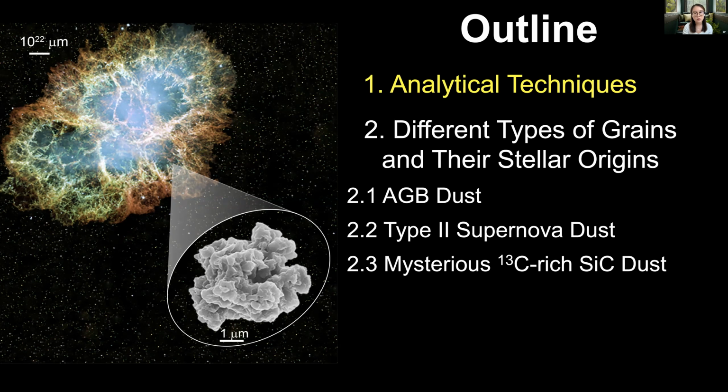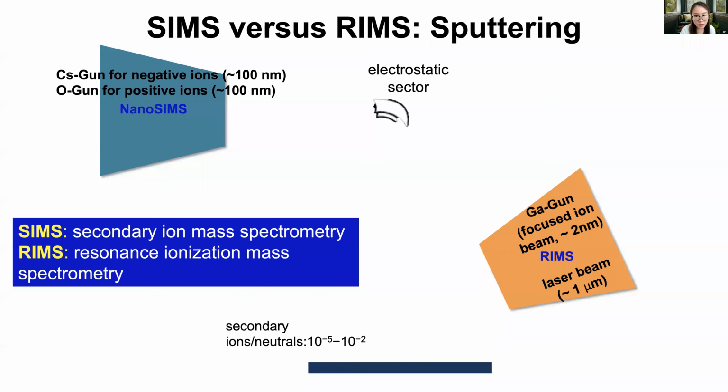After that, we will look at the isotopic data collected using these mass spectrometers for different types of pre-solar silicon carbide grains. And based on these isotopic data, we will see how we can interpret them based on stellar models and nuclear physics, I mean, the nuclear cross sections we measured in the laboratory.